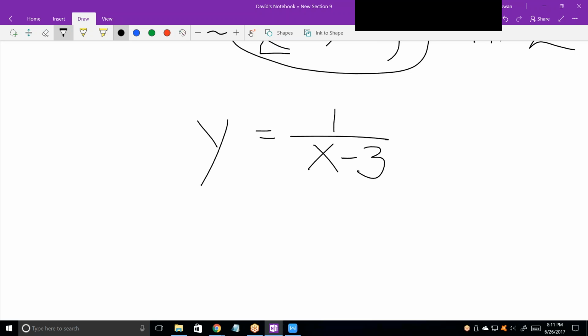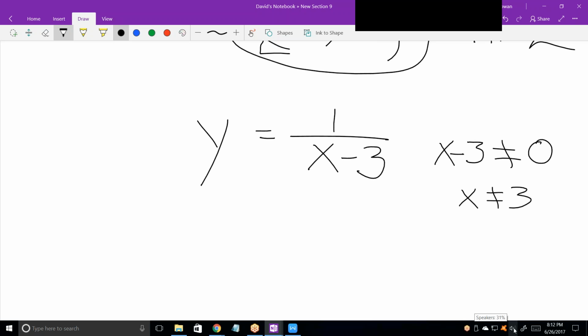Well, no. X could be 0. You just can't divide by 0. So what equation can I write? X minus 3 is what cannot be equal to 0, correct? Yeah. Which means x cannot be equal to 3.